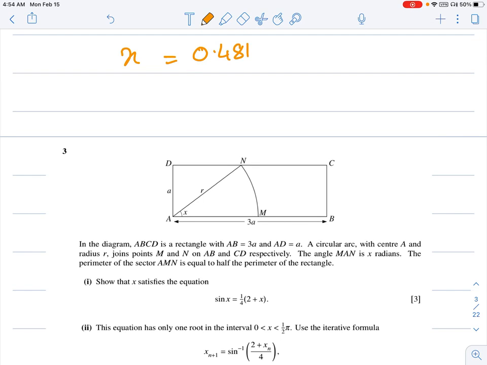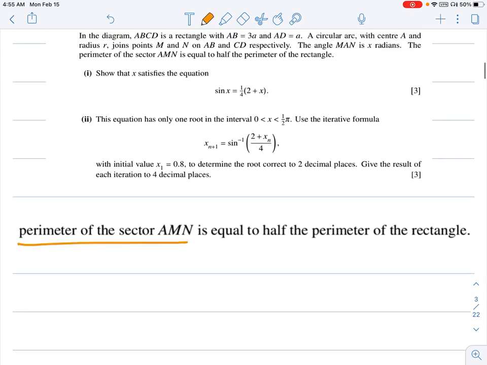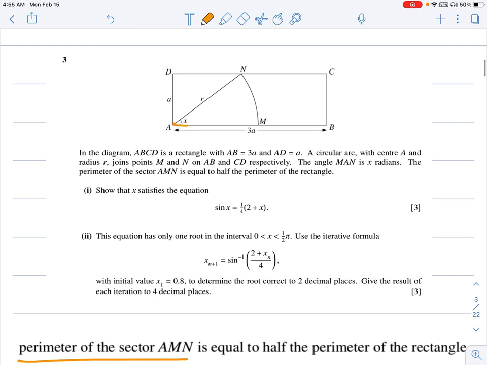Coming to the third question, it says the perimeter of the sector AMN is equal to half the perimeter of the rectangle. So that one is over here, the perimeter of the sector AMN. So AMN's perimeter, we can see it is AM plus AN plus arc NM.